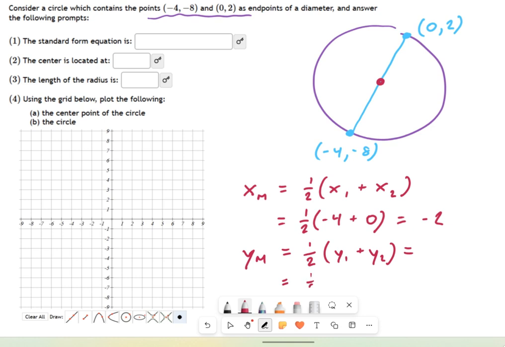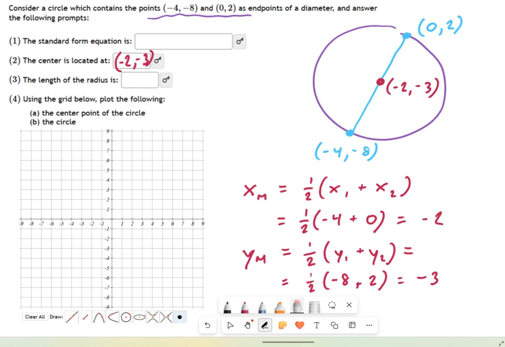Let's see, that's going to be 1/2. The y values are -8 and +2. Okay, so that's going to be -6. 1/2 is -3. All right, so that's the center of my circle. That's going to be located at h is -2, k is -3. That's right here. So -2, -3.